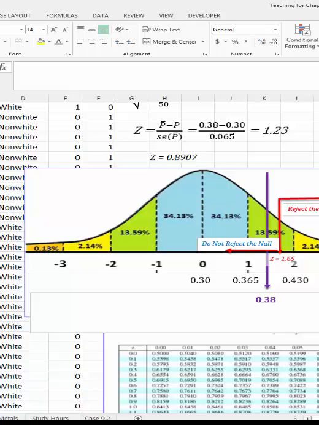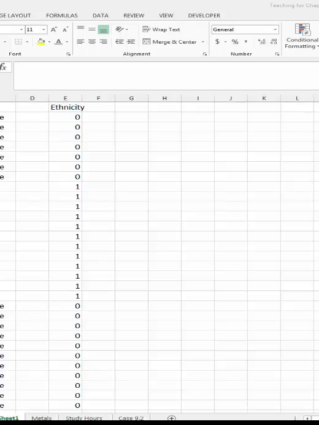Now let me move on to part B and go through that one a little bit quicker because it's basically the same idea. For this problem, I just copied the data over to this other sheet because it was easier than messing with the other thing. The way the problem is worded, it says at the 5% significance, determine if the proportion of whites in Tara's firm is more than 50%.